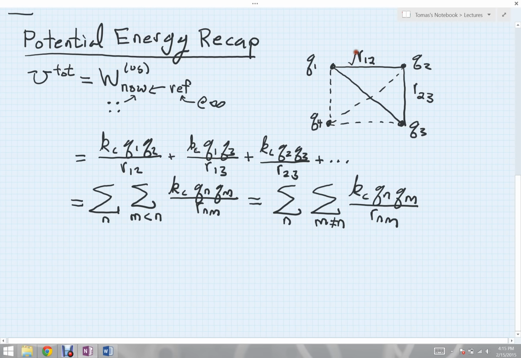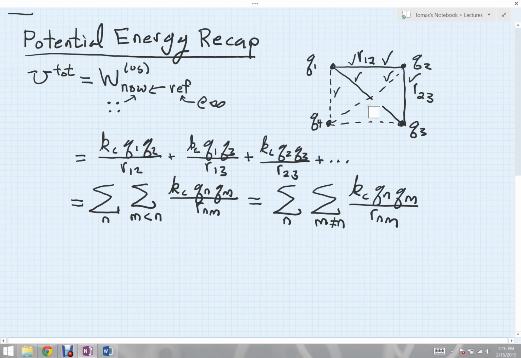So I will have counted these terms. When I bring in Q2, you see I again sum over all m not equal to 2. So I would then have 2 interacting with 1, 2 interacting with 3, and 2 interacting with 4. But I already had Q1 interacting with 2, and I'm now going to be getting it twice. I now have 2 interacting with 3, and number 2 interacting with 4 along this line here.